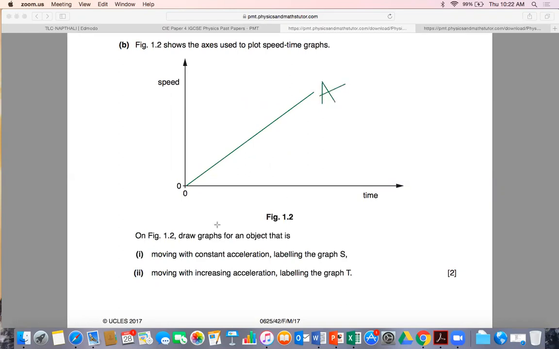And then B, moving with increasing acceleration. How would that look like? Let's label the graph S. Is it like curve up? Okay, try and see.